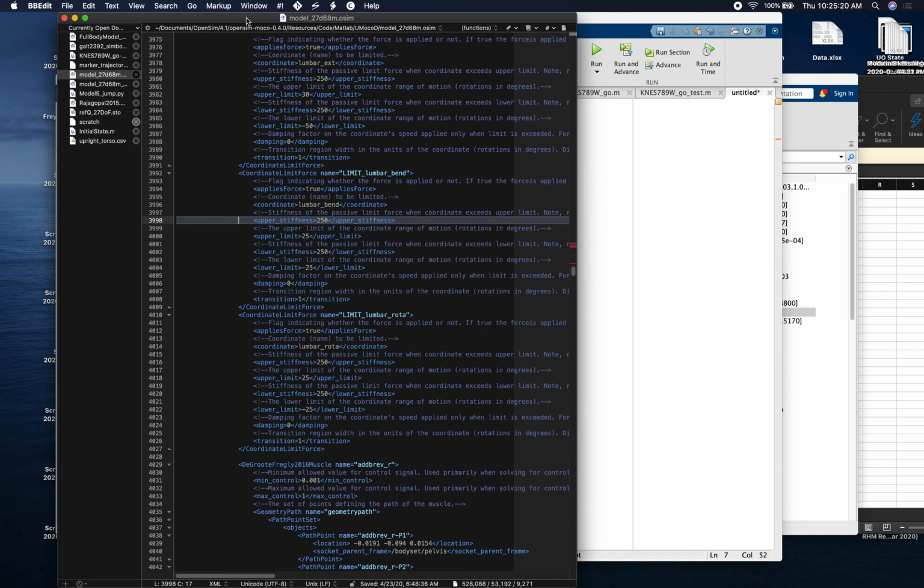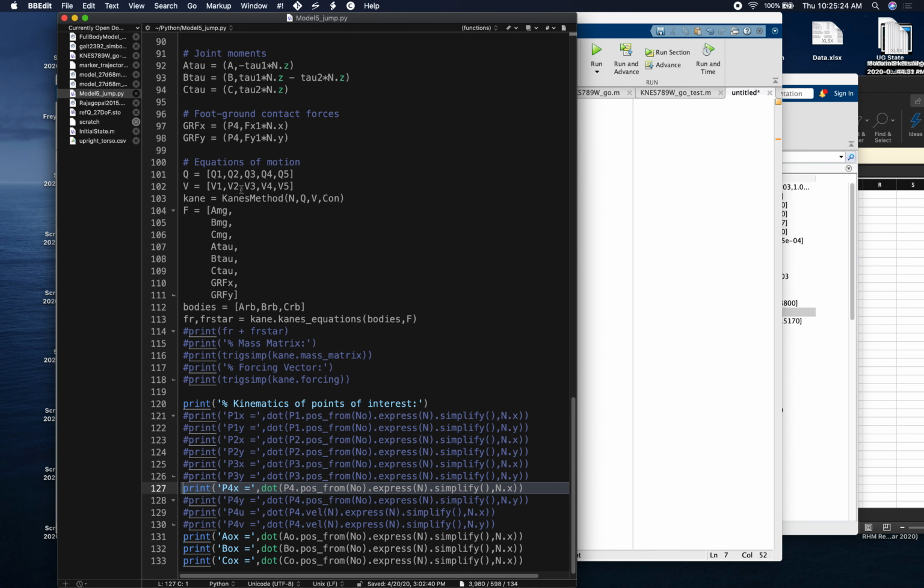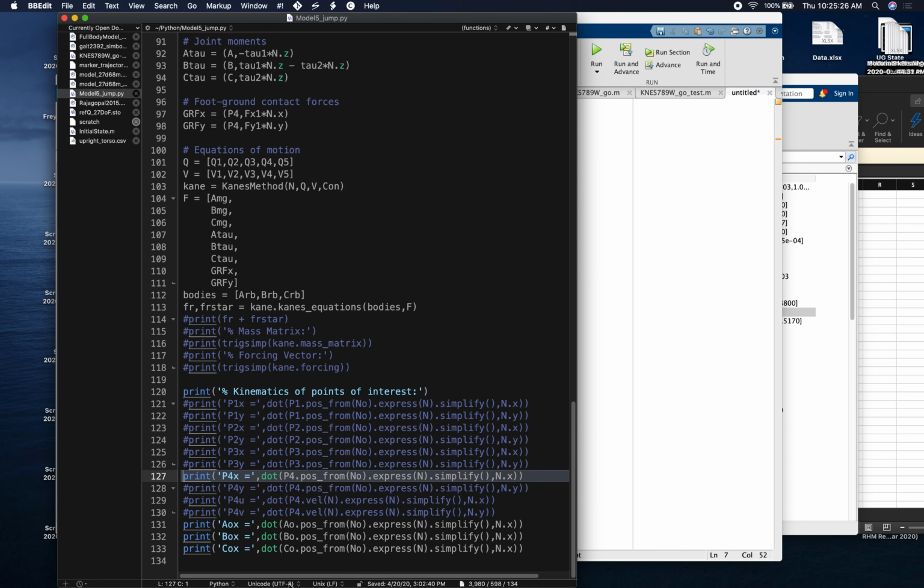If I go back to my PyDy code here, which I think I have open, yeah, right here. Down here at the bottom, where I'm having it export my kinematics of points of interest, I've added 3 additional kinematic points of interest. It's giving me the horizontal positions of all 3 of my centers of mass.